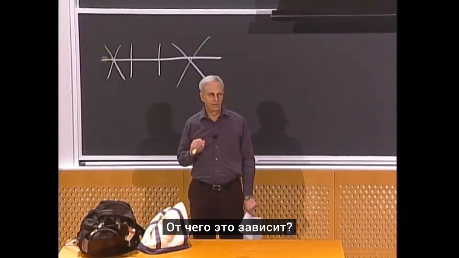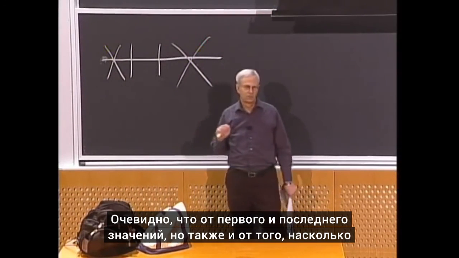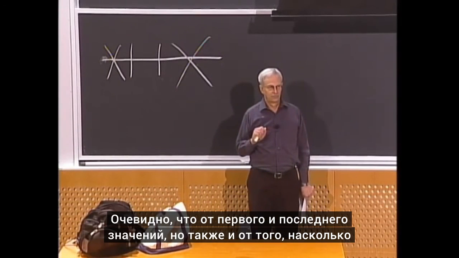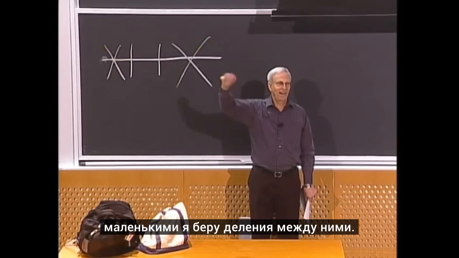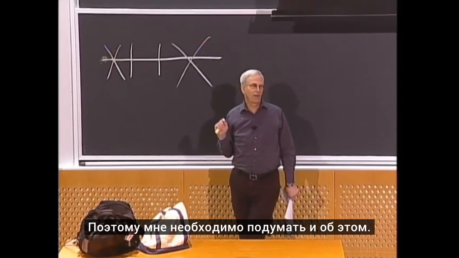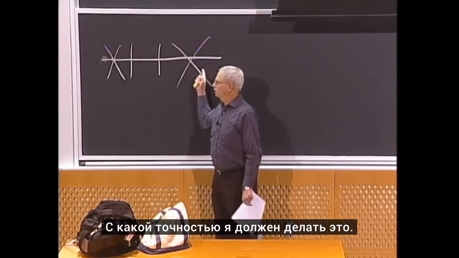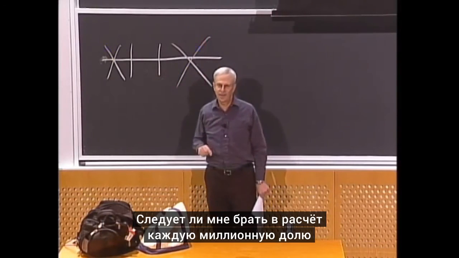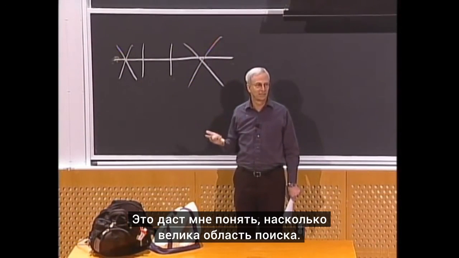What determines it? Clearly, the first value and the last value, but also how small I'm dividing it up. Right? So I have to think about that too. What is the precision with which I do this? Am I looking at every 1/1,000,000th of a number or every 0.01? That will tell me how big it is.